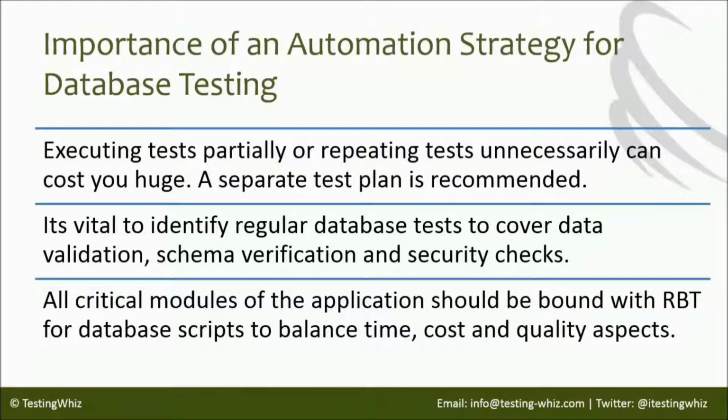At times we have seen that it is time which is not permitting you to write down and cover all the positive, negative, and monkey testing scenarios, even with a bunch of data. So it could be very wise to note down all the possible scenarios, identify the risks associated with them, provide a ranking of 1 to 5, and then try and complete automation for the highest risk modules.